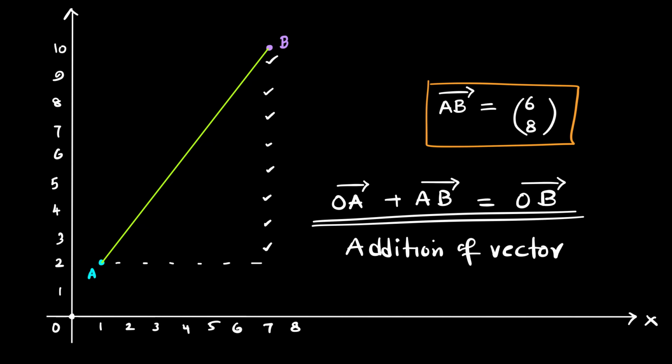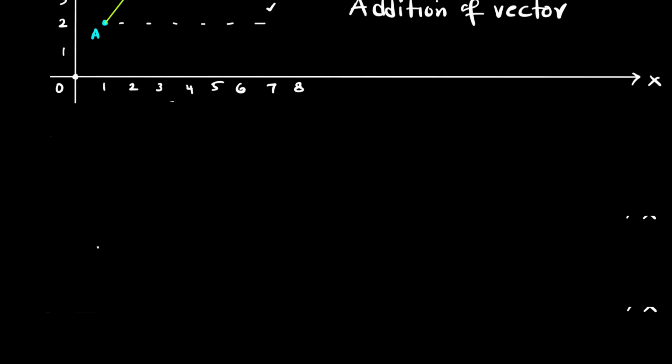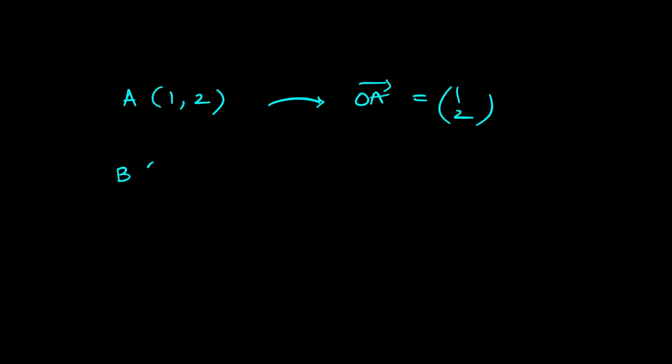Now, we know that OA is basically a coordinate turned into a position vector. So we know that A is 1, 2. Therefore, OA is simply 1 and 2. And similarly, B is 7, 10. I can write this thing as OB as 7 and 10.